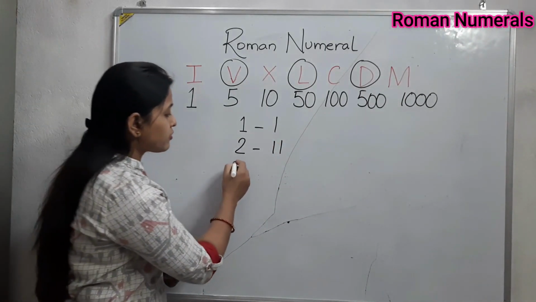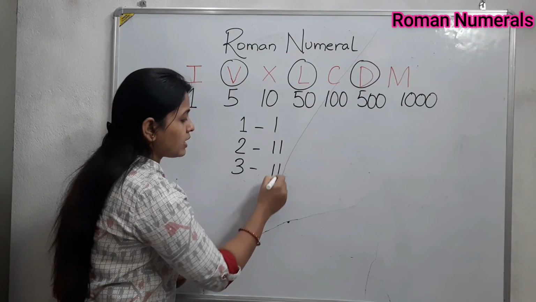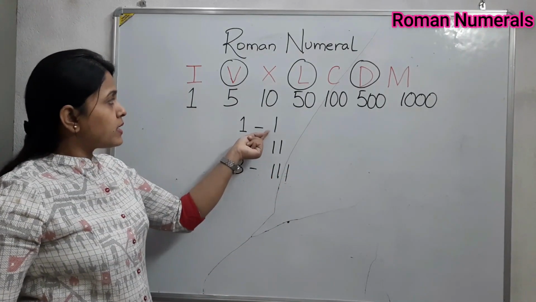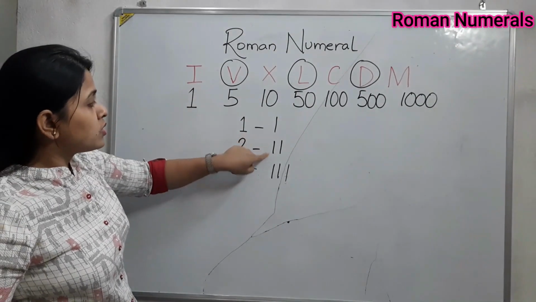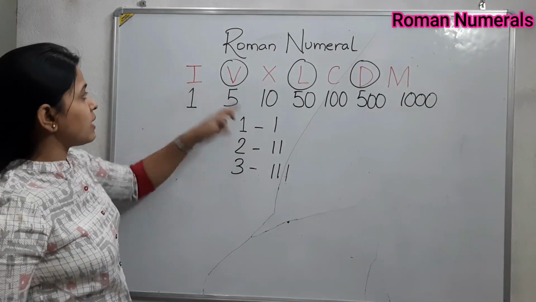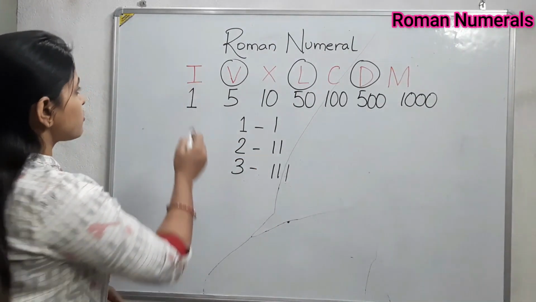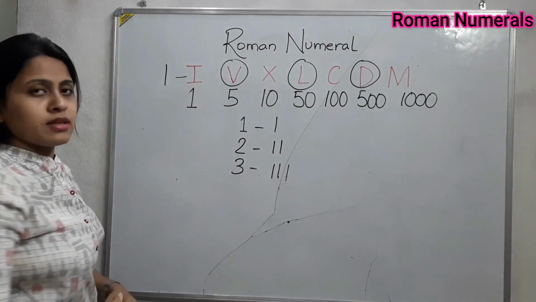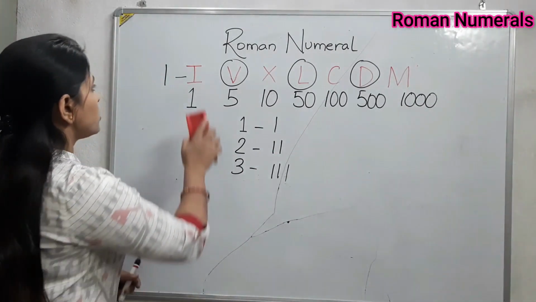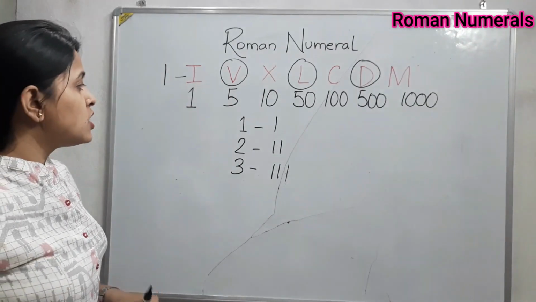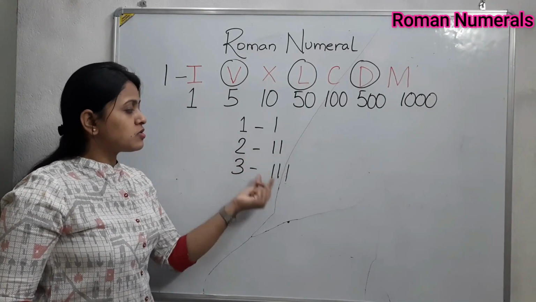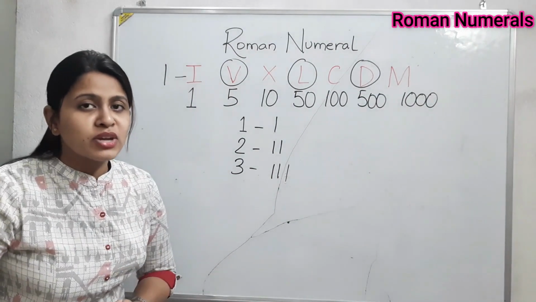And in case of 3 I will write it like this. So I have repeated the given symbol up to 3 times. Usually the symbol is written like this; we don't use the other form, but in both styles we can write. So 1, 2, 3, up to 3 times we can repeat.